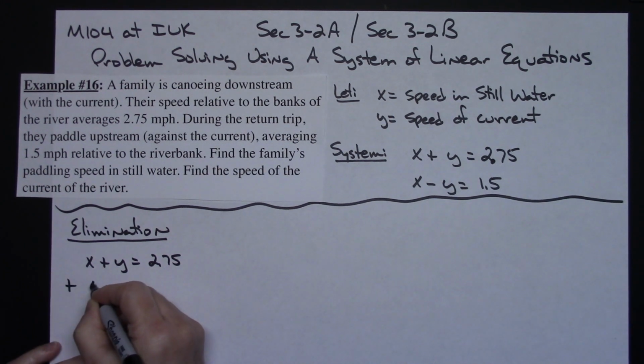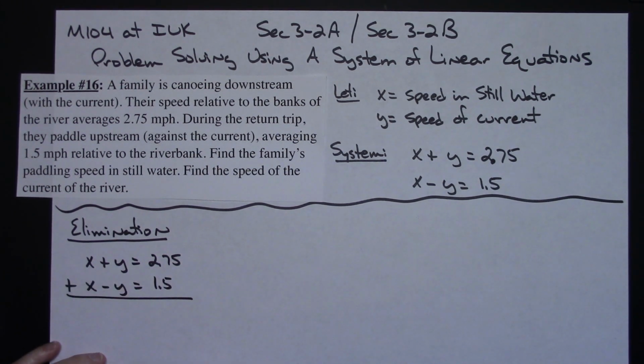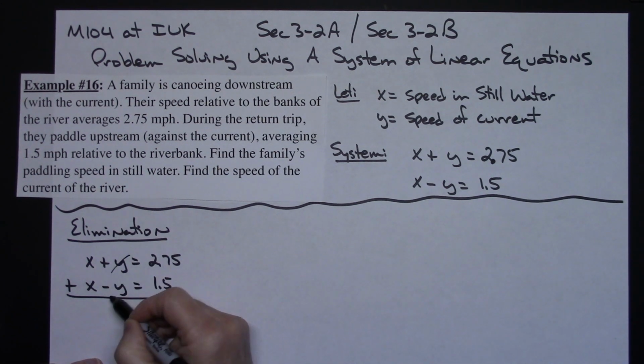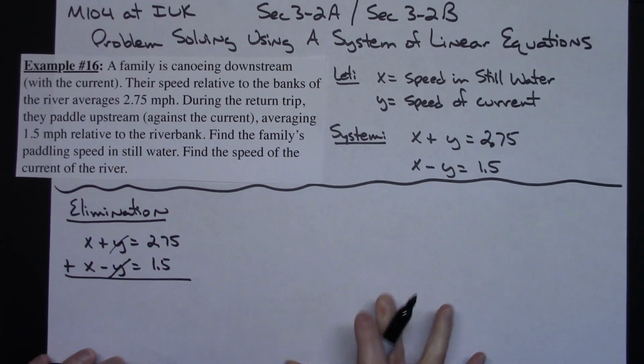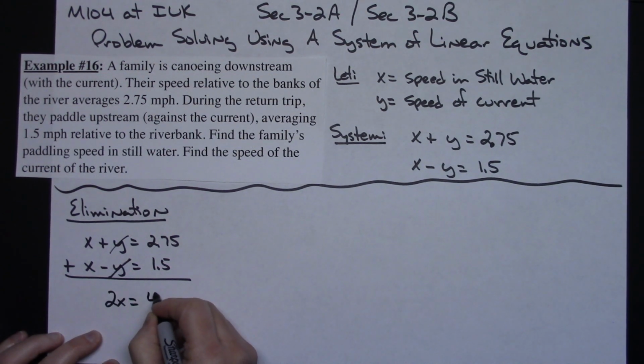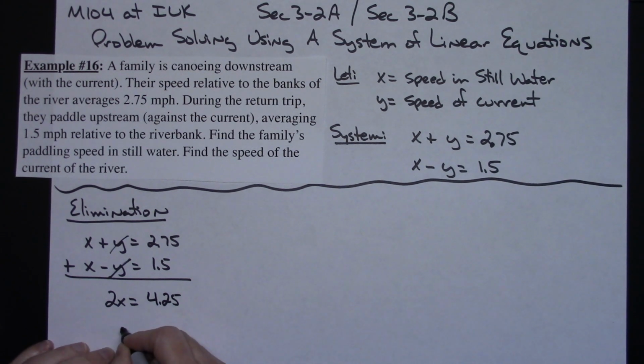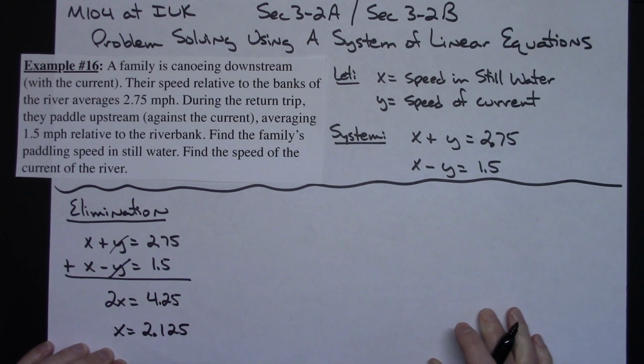I'm going to add to that x minus y is equal to 1.5. When I add those two together, those y's are going to fall out, which is what we want to happen. I'm going to have 2x is equal to 4.25. Going ahead and dividing by 2, I'm going to have x equals 2.125. Obviously, you're probably going to use a calculator to get that.